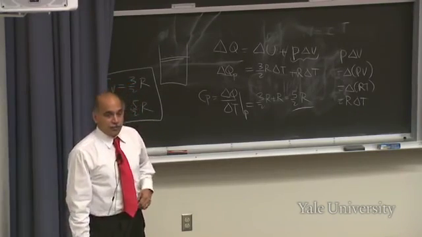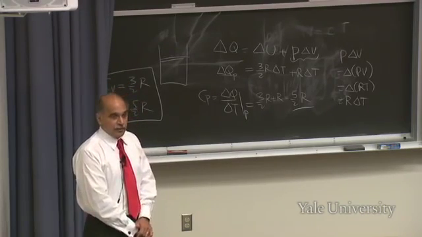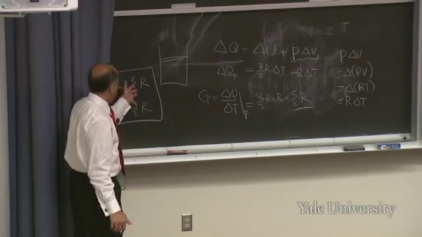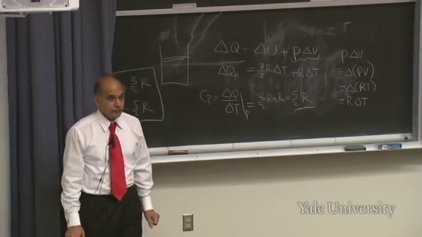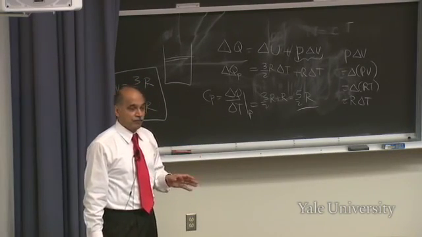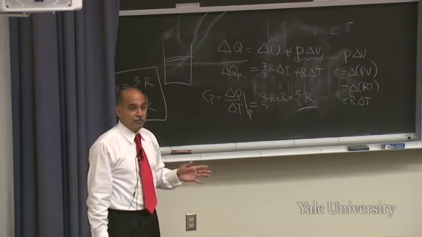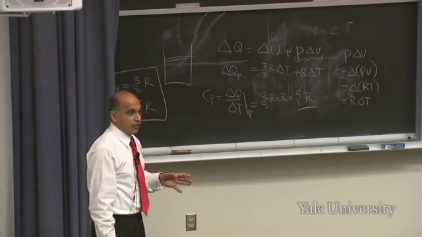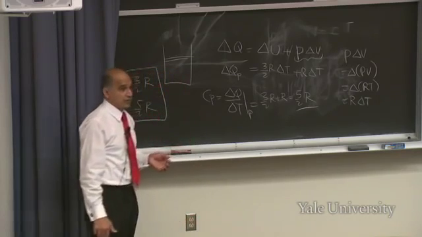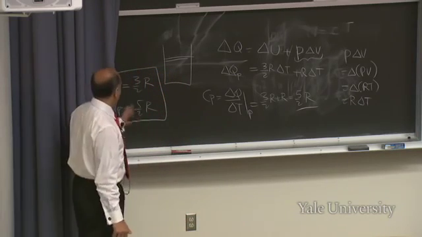That's why the specific heat per mole is the right thing to think about, because then the answer does not depend on what particular gas you took. Whether it's hydrogen or helium, they all have the same specific heat per mole. They won't have the same specific heat per gram, right? Because 1 gram of helium and 1 gram of hydrogen don't have the same number of moles. So you have to remember that we're talking about moles.